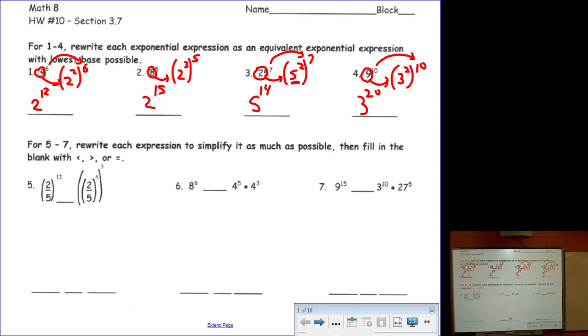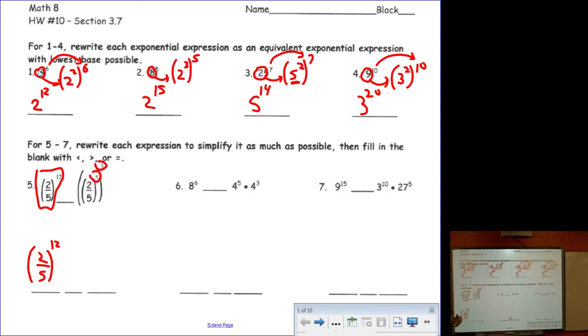Number 5, 2/5 to the 12th power is already simplified. However, on the other one, you have 2/5 to the 5th, and then that is to the 3rd.